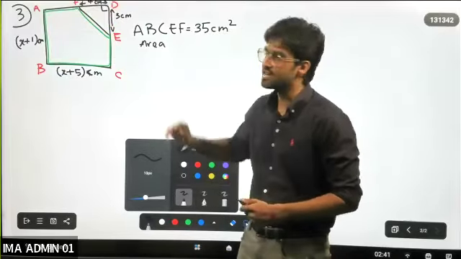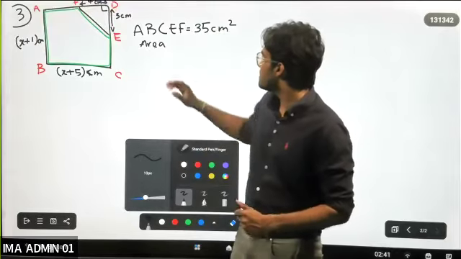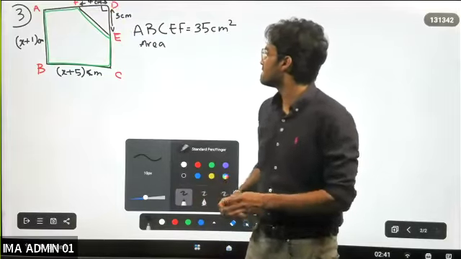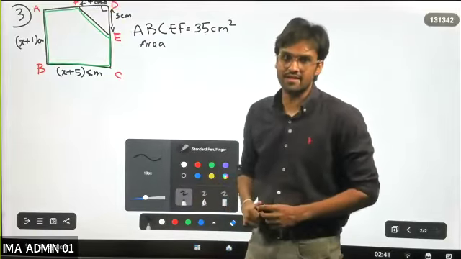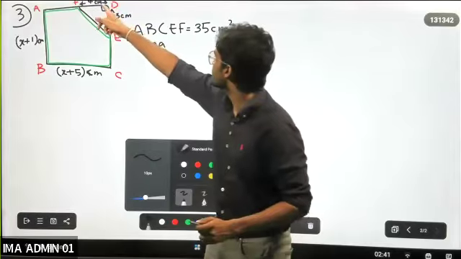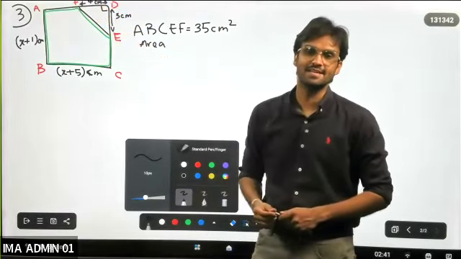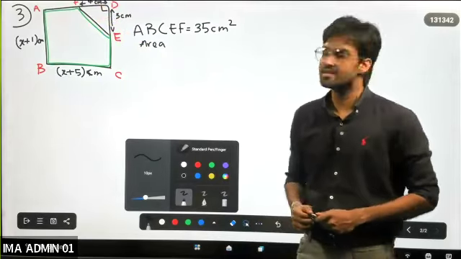And also we could easily find this FDE right-angled triangle, because this angle is 90 degrees.